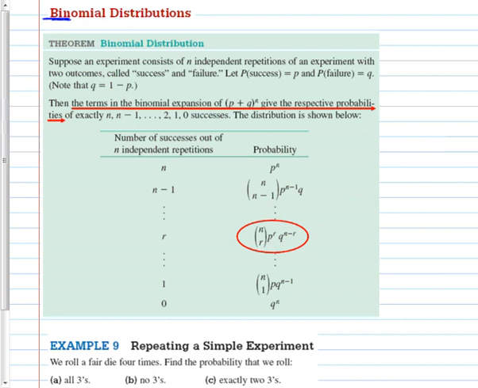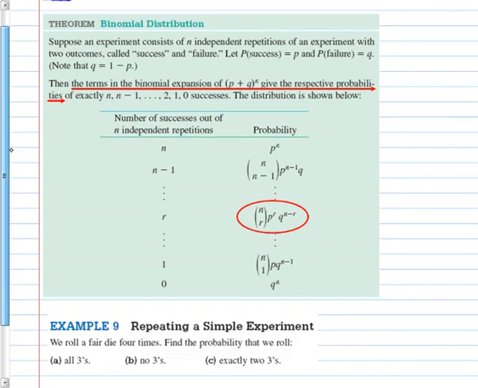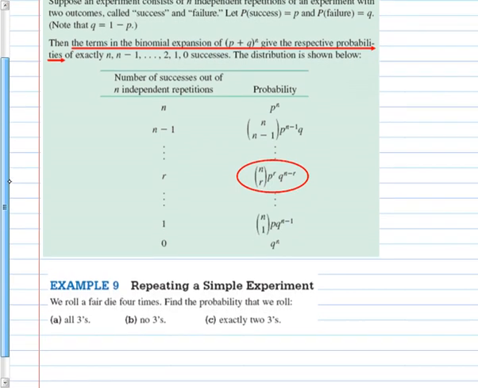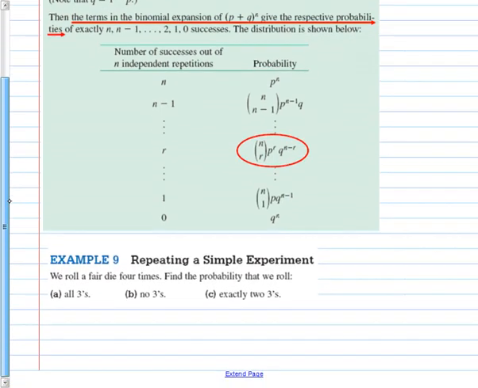Maybe you made the basket or you did not make the basket. Maybe you have a boy or you have a girl. A lot of things are binomial. You got the answer right on the test, you got the answer wrong on the test. There's a lot of binomial things that we can do. So we can use a binomial distribution in order to get an answer for the probabilities of two outcome events.